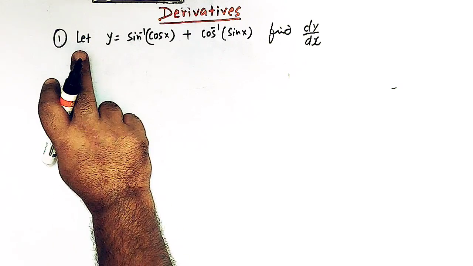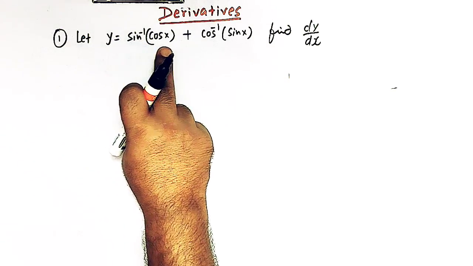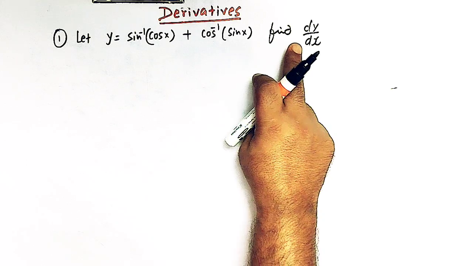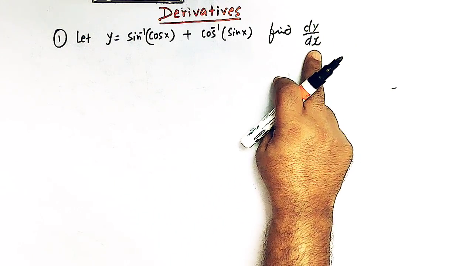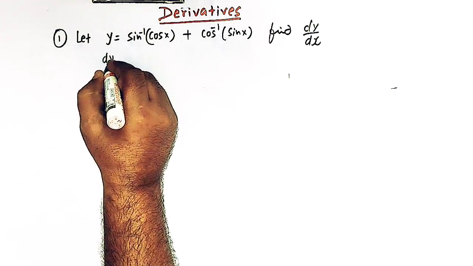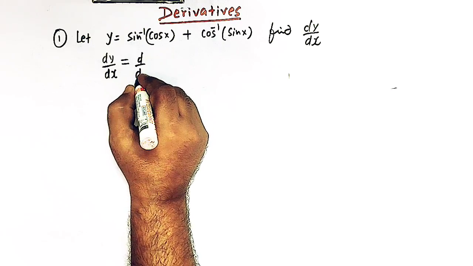So let us consider this problem where we are given a function y that is equal to sine inverse cosine x plus cosine inverse sine x, and we have to find out the derivative of y with respect to x, right? So here we'll write dy over dx, and we'll differentiate.